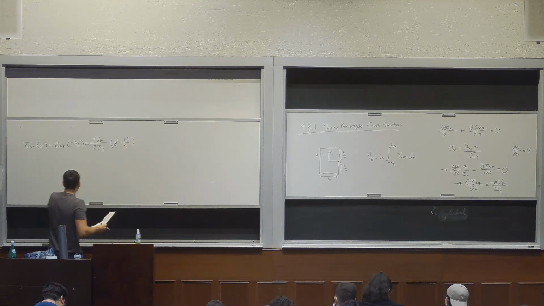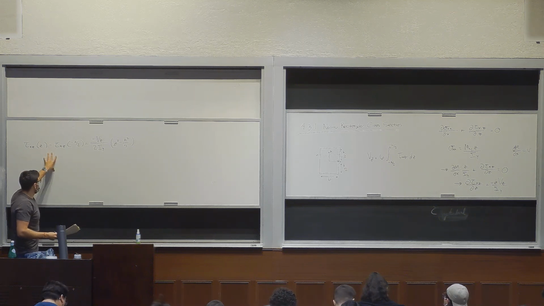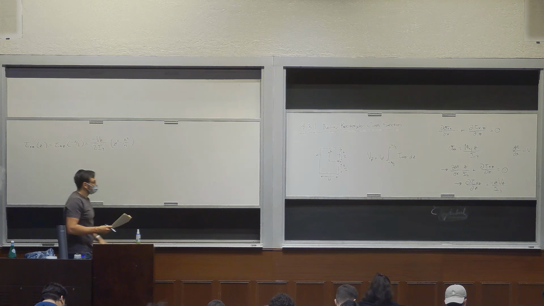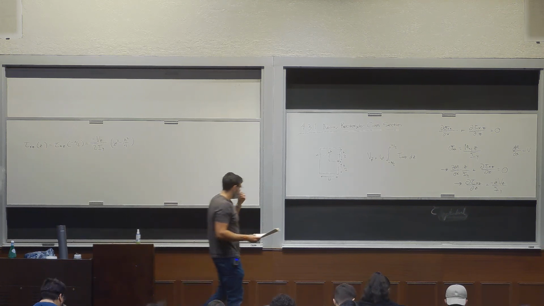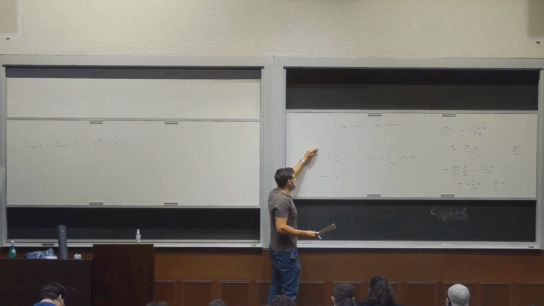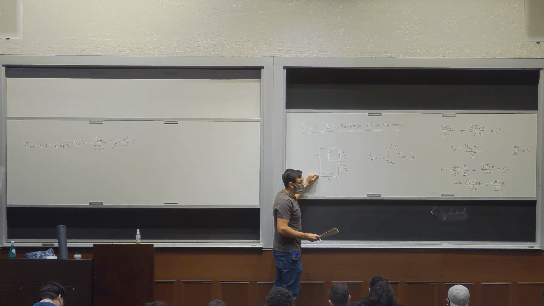This is the left side, right side. We also know that in these problems, or for all these problems that we're doing, the shear stress has to be 0 at the top and the bottom because it's traction free.